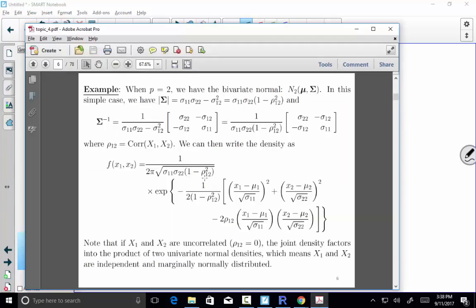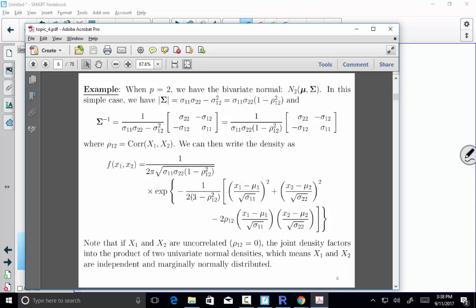And the point I want to make back here is, suppose that in this case, with this mess in the middle of the screen, that they are uncorrelated. That means the rho variable is equal to 0. If rho is equal to 0, then this whole cross product term goes away.